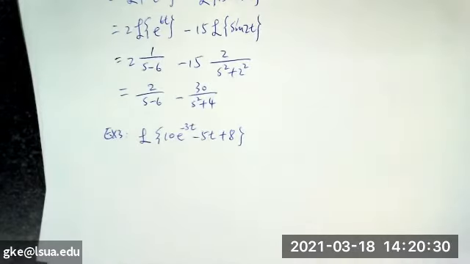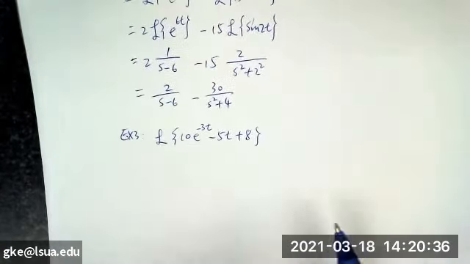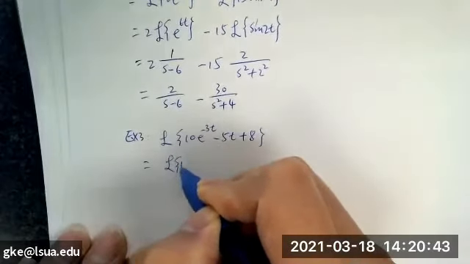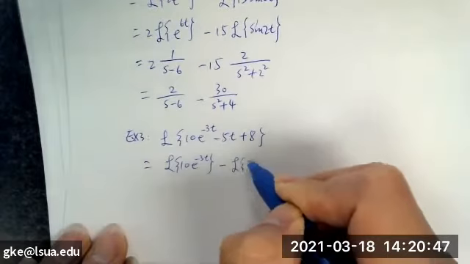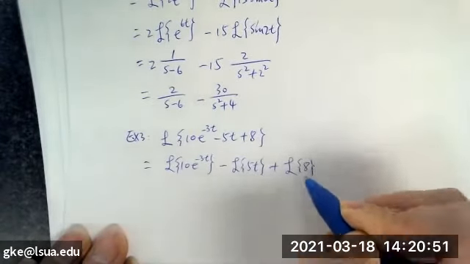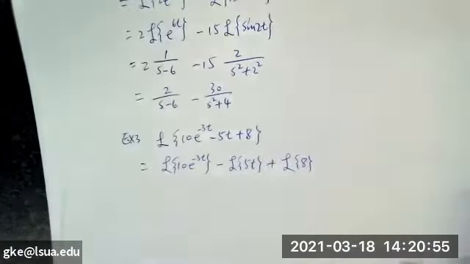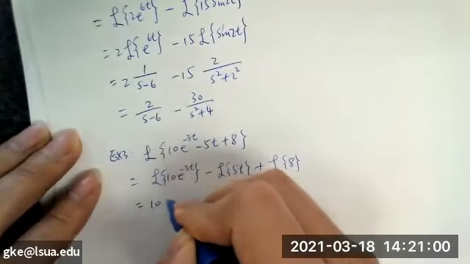Let's take a look. For this one, we have 3 terms. So basically, we're gonna spread these 3 terms. So we have what? We have this one. And again, we're gonna get 10.